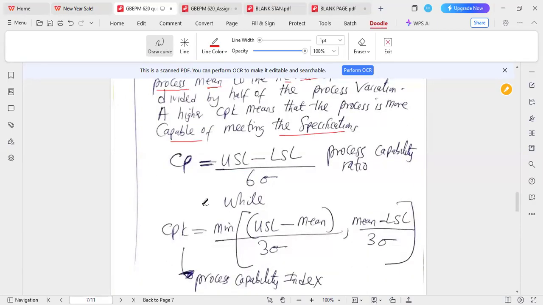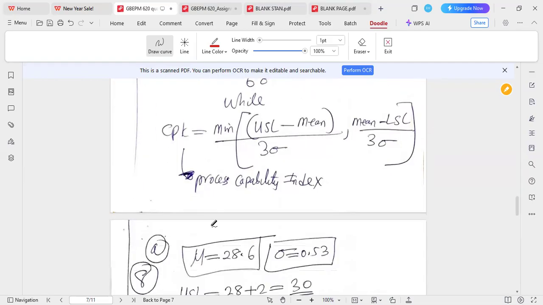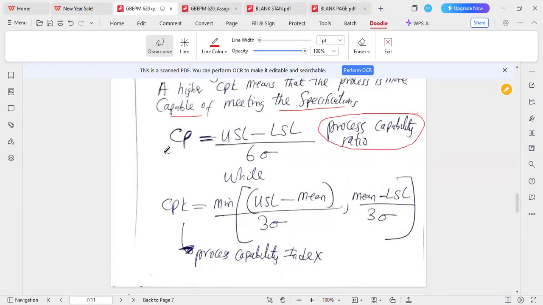So getting down to the process capability ratio, CP is the process capability ratio.